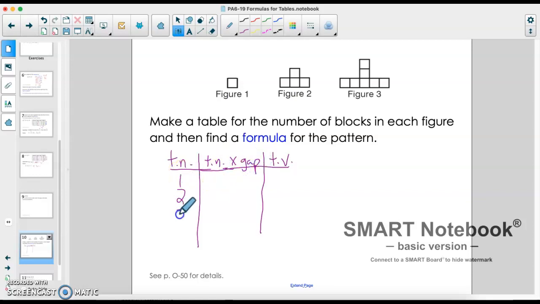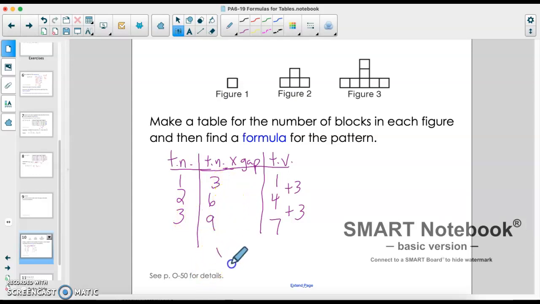Right, so I have 1, 2, 3, and then it goes 1, 2, 3, 4. And then this one is 1, 2, 3, 4, 5, 6, 7. So every time the gap here is plus 3. So then I take 1 times 3 is 3, 2 times 3 is 6, 3 times 3 is 9.